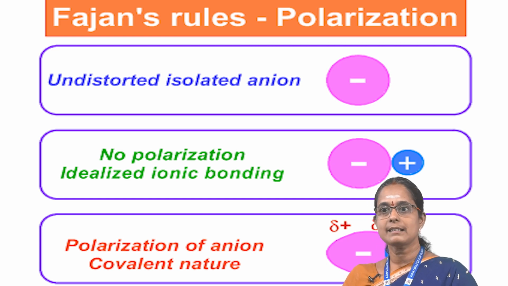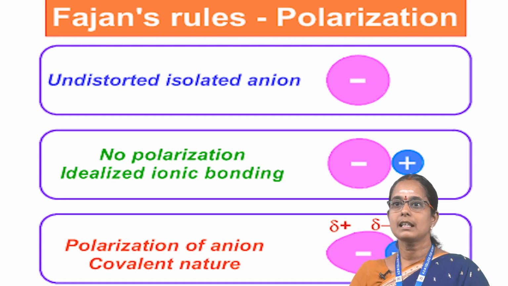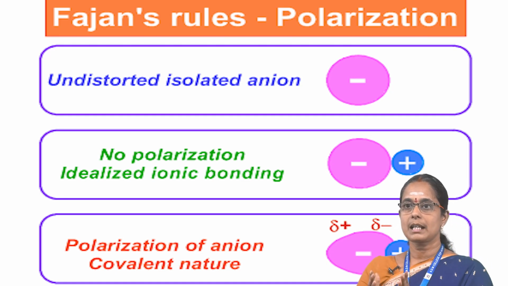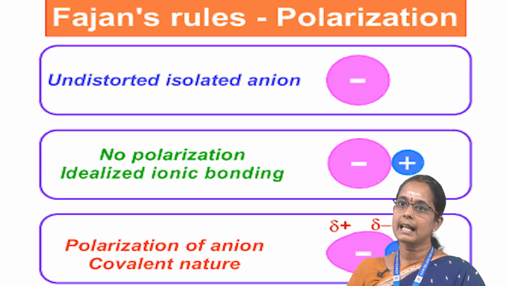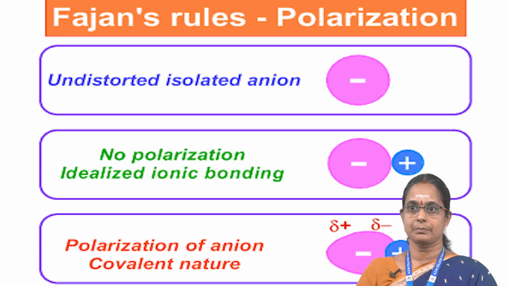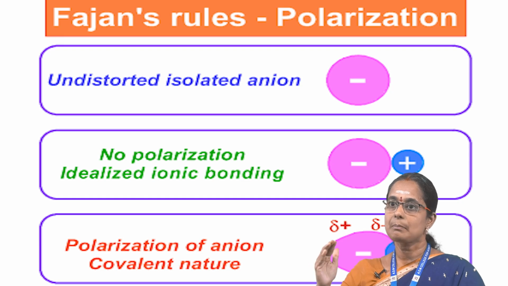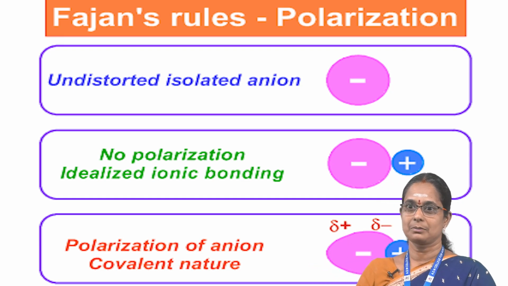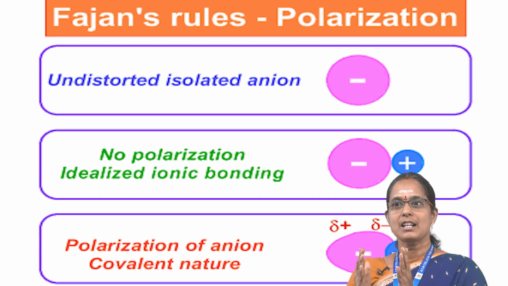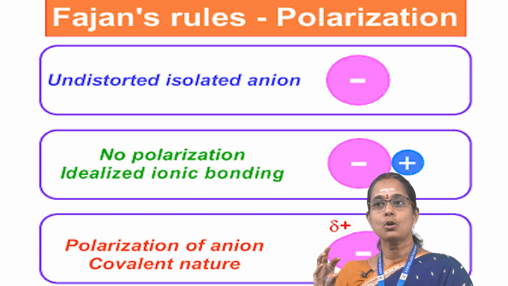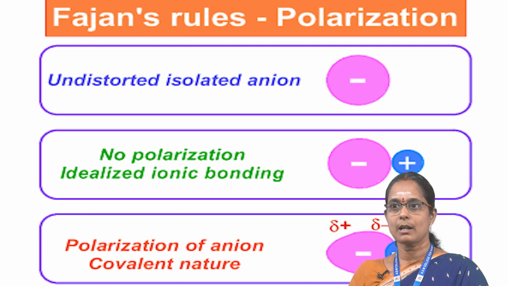The third point is the increase in covalent character. Among sodium iodide, sodium chloride and lithium iodide, the covalent character increases, and lithium iodide will have maximum covalent character. Between sodium chloride and sodium iodide, the more covalent will be sodium iodide.